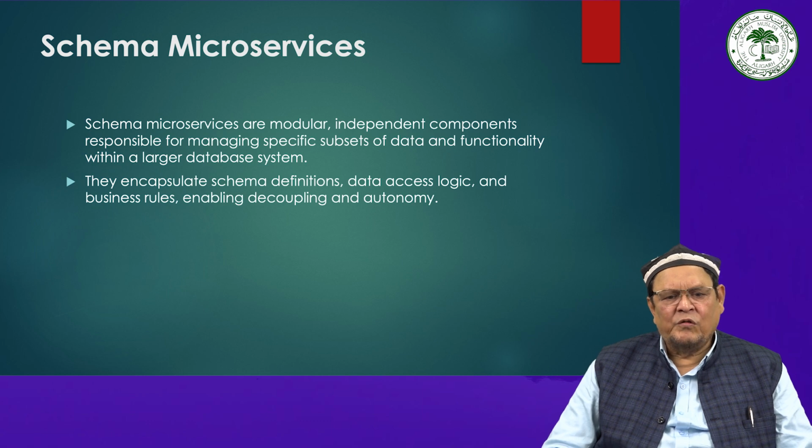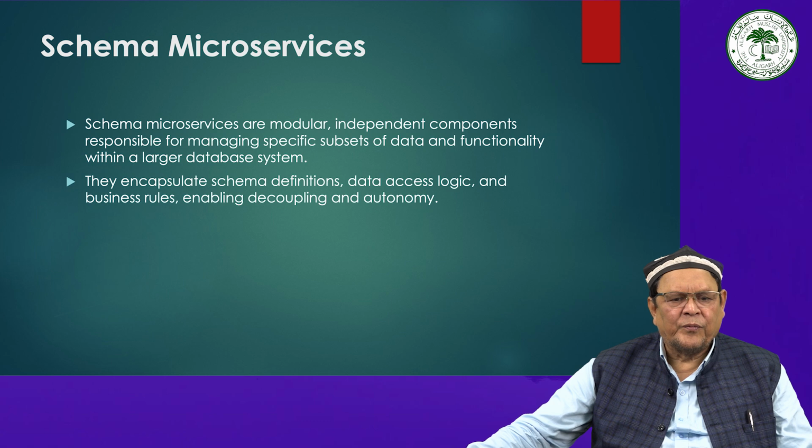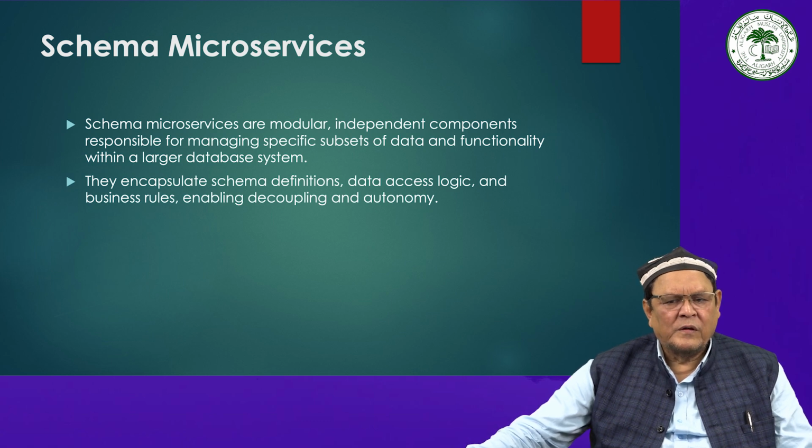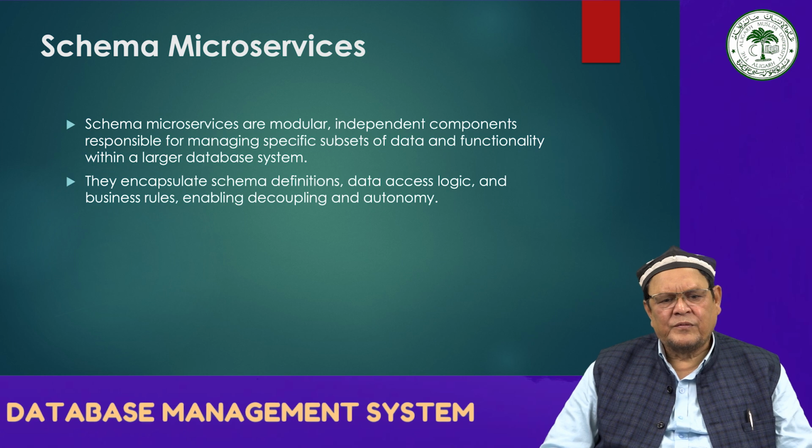More than this, we have to understand the key concepts of microservices. These are service boundaries, data isolation, and loose coupling. Service boundaries: define clear boundaries between schema microservices to enforce separation of concerns and minimize dependencies.